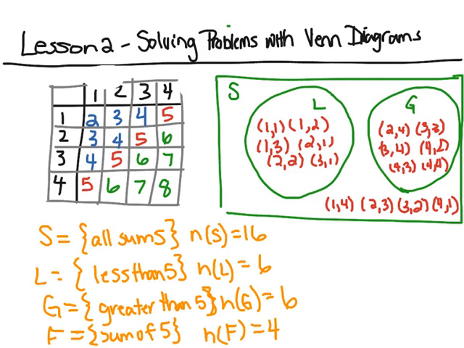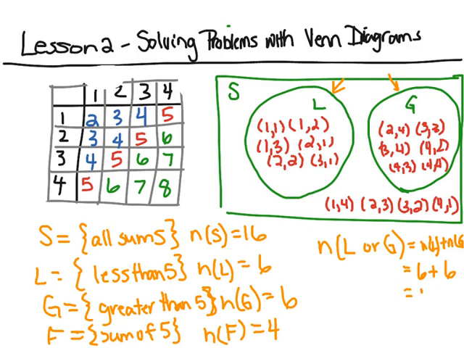So part C is determine a formula for the number of ways that either sum can occur. So we want to find the number of ways that we can have a sum that's less than 5 or greater than 5. So we want to find the number of L or G, one or the other. So we're going to add the number of L and the number of G. We know the number of L is 6, and the number of G is also 6.